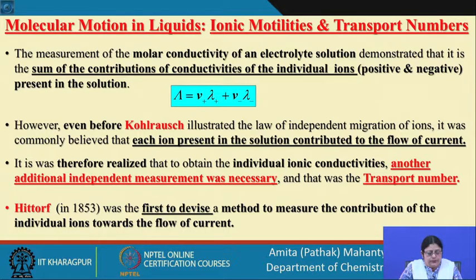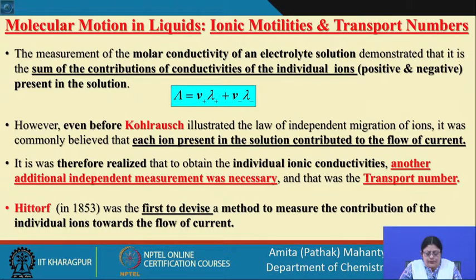So, what we are now looking into is trying to establish a relationship to find out, apart from the individual ionic mobilities, what other parameter can contribute further information about the ions which are moving, and that we now call the transport number.